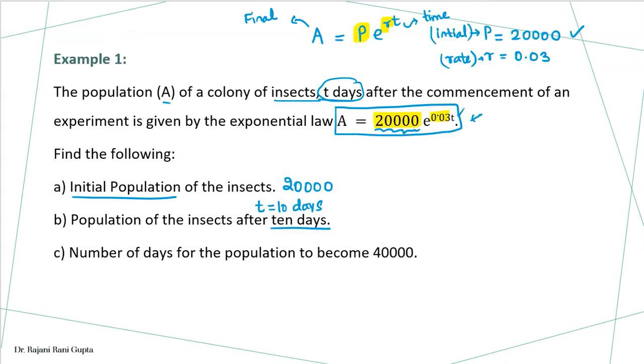So let's see how we do it. You have P equal to 20,000. Let's write our equation which is given: A equals 20,000 e power 0.03t. Here t is 10, so replace t by 10. This gives you 20,000 times e power 0.03 multiplied by 10.